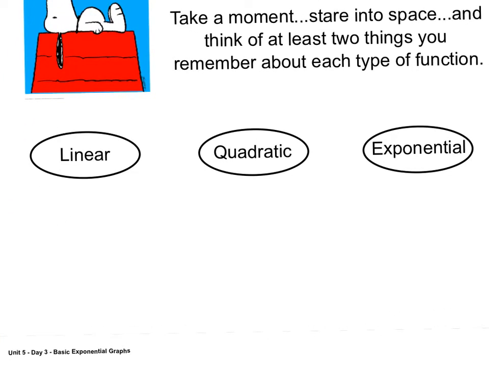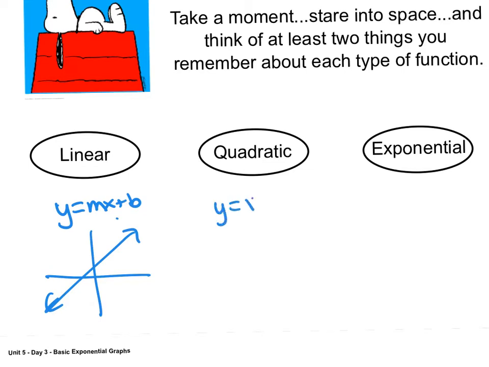Before we get into that, let's review our last lesson. What's the difference between linear, quadratic, and exponential? So I will start with the equations. Linear is mx plus b, where there is no exponent here, and it graphs a straight line, arrows on both sides.